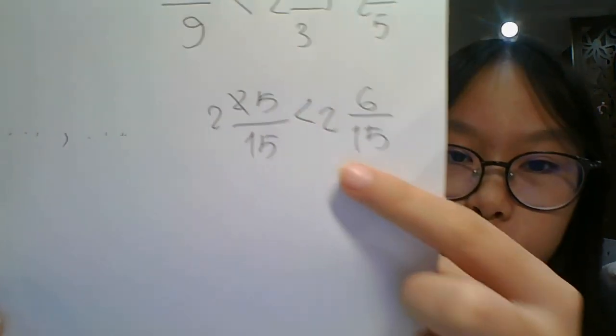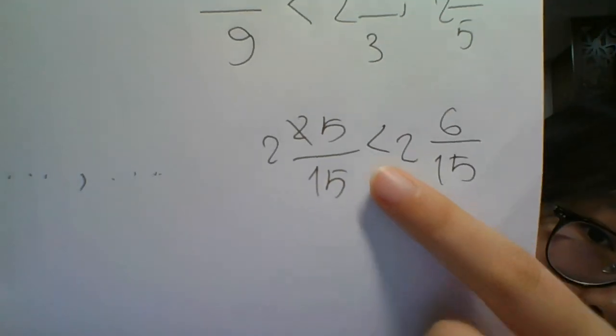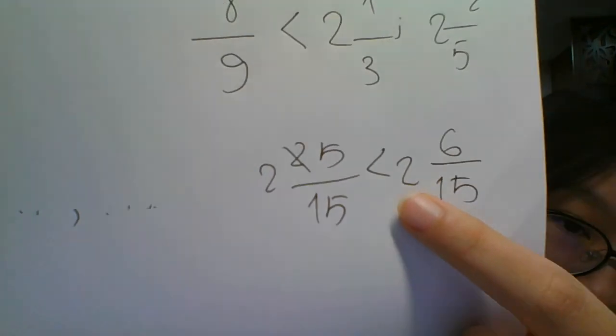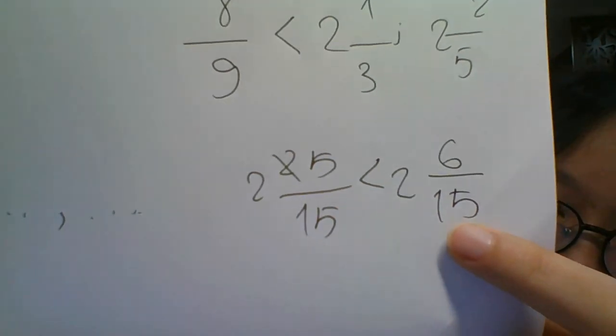So you can see the whole number that is first here, you don't change it. You only change the denominator of the fractions over here. Okay, so after you're done doing that, you can know that 2 and 1 over 3 is smaller than 2 and 2 over 5. So yeah, that's what you do.